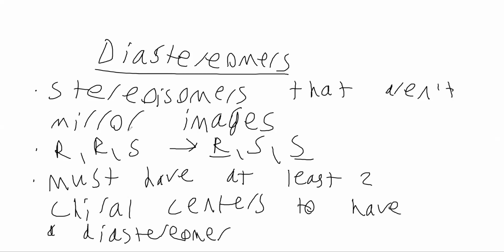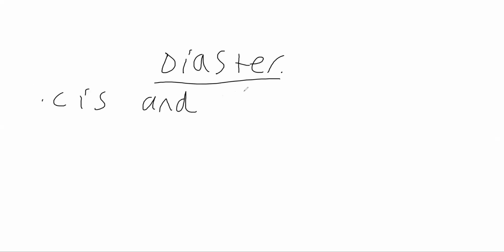Okay, I'm going to erase this because I'm running out of space. But I'm going to abbreviate diastereomers. Cis and trans isomers are diastereomers.